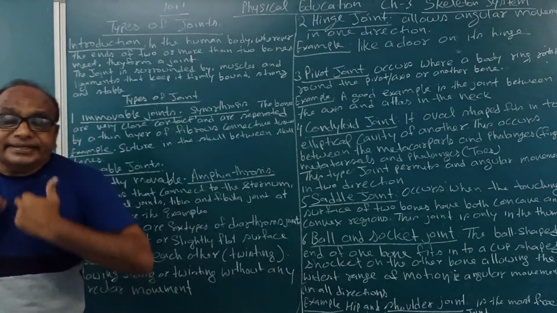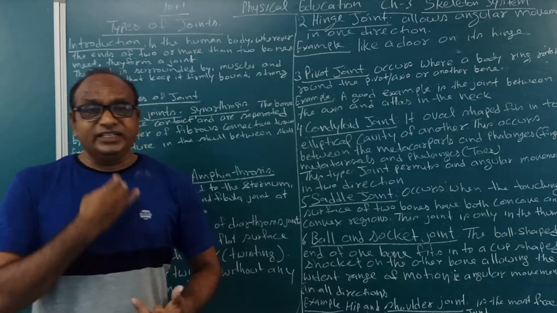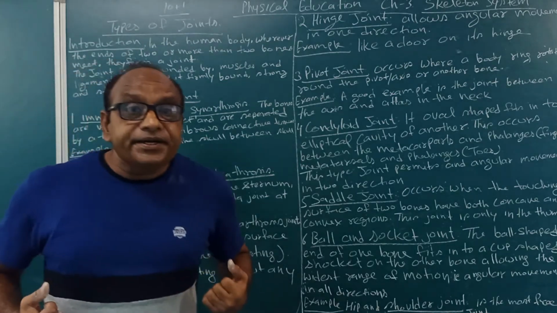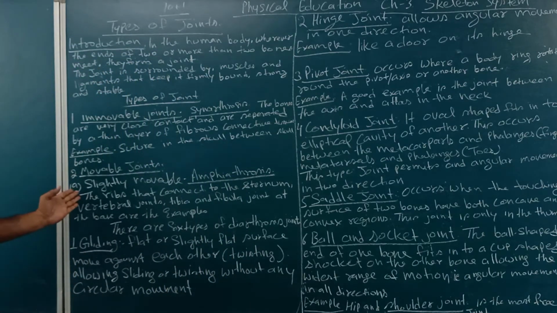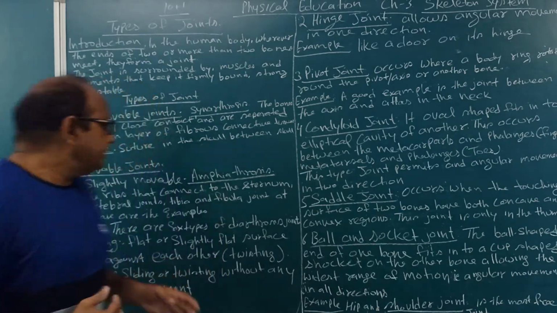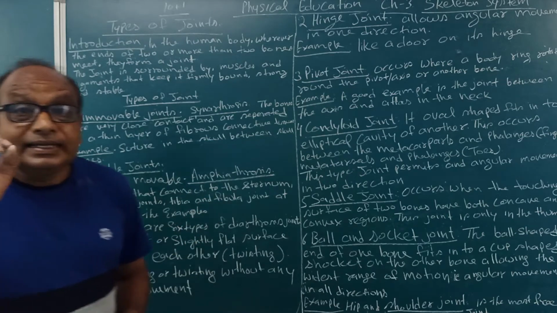Our ribs are connected with the sternum. Here is one straight bone that is called sternum, and all the ribs are connected with it. So when we breathe in or out, these joints move, but only a little bit.